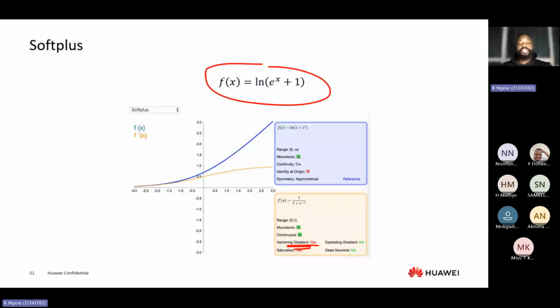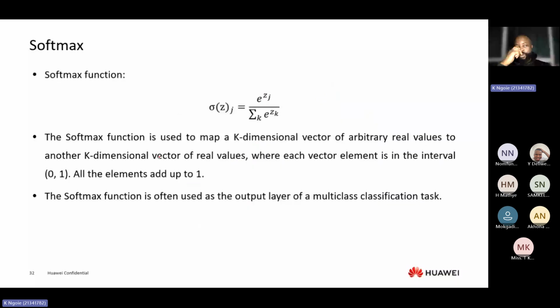It's kind of similar to the ReLU in terms of whenever there is a positive value, it's also going to return a positive value, but it goes in an exponential way, right? So it's closer to the ReLU. Okay, it's mostly used in issues that have to do with probabilities, getting probabilities of something happening and things like that. But just be aware of the vanishing problem.